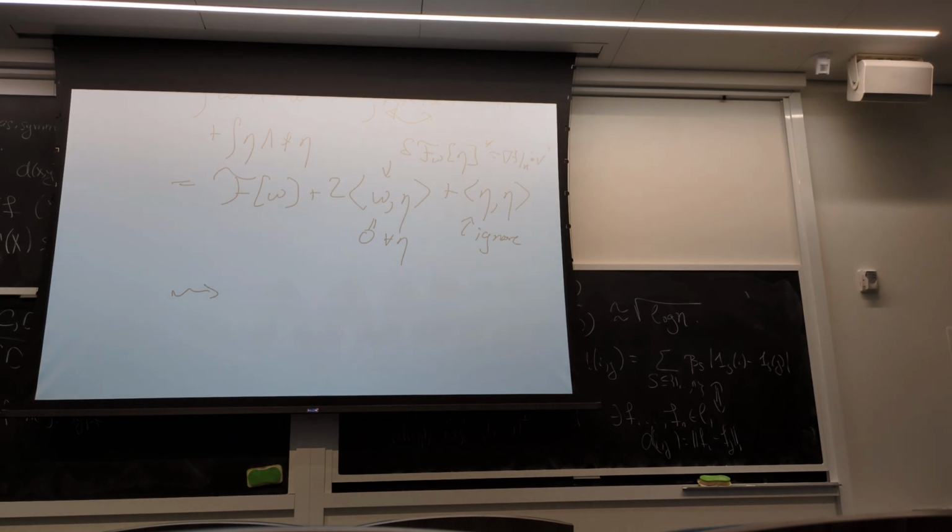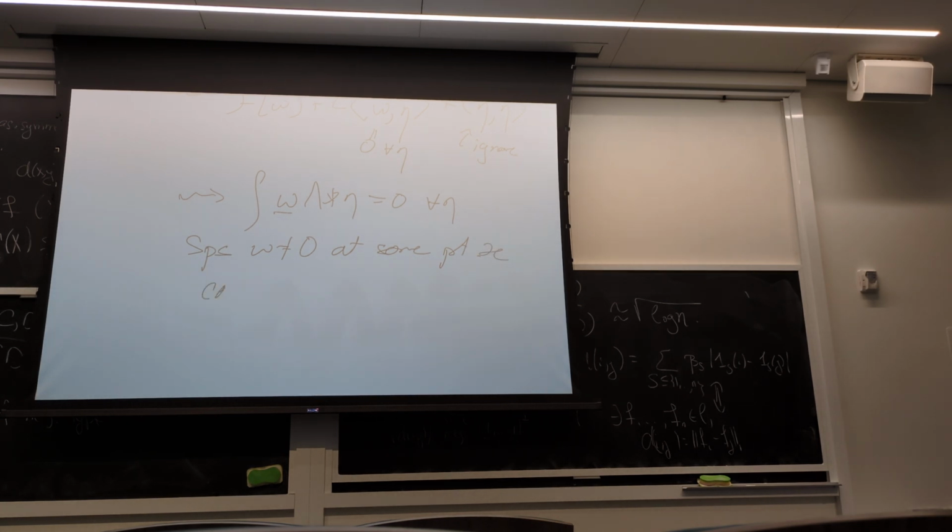Okay, so what does this mean? This means that the integral of omega wedge star eta should be equal to 0 for all eta. So what does this tell us about omega? Suppose omega is non-zero at some point x.